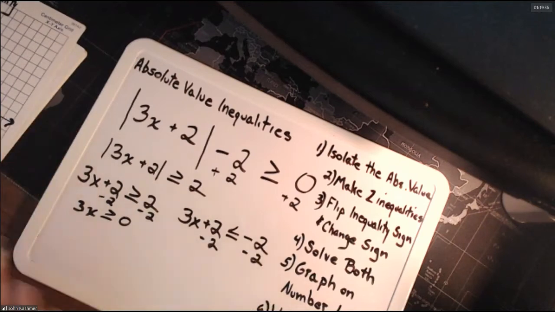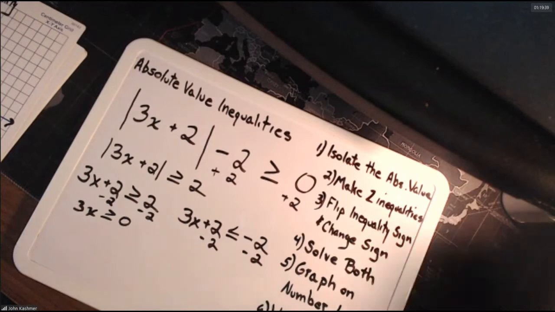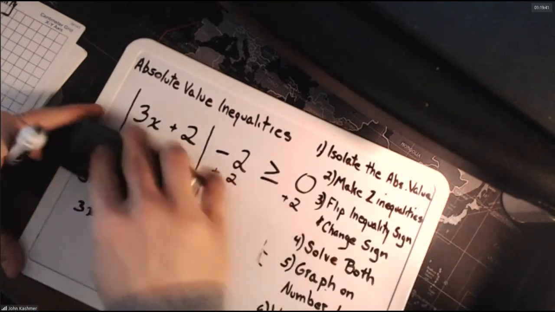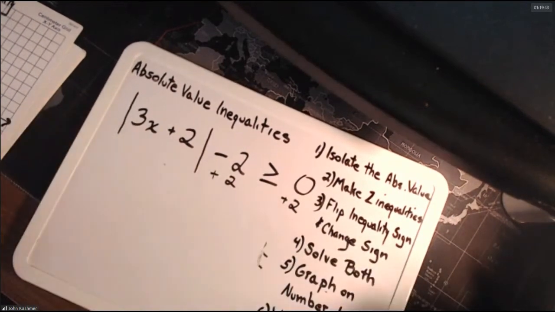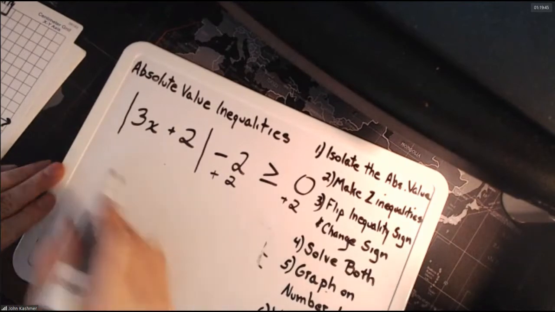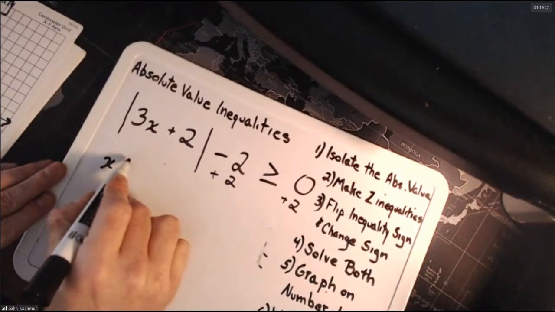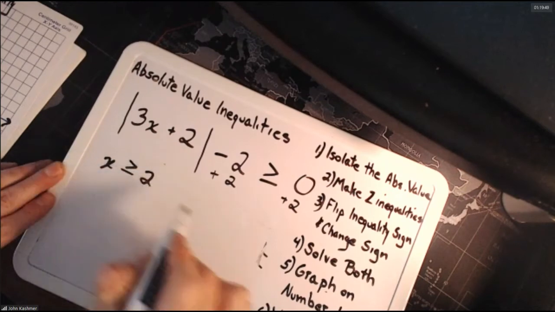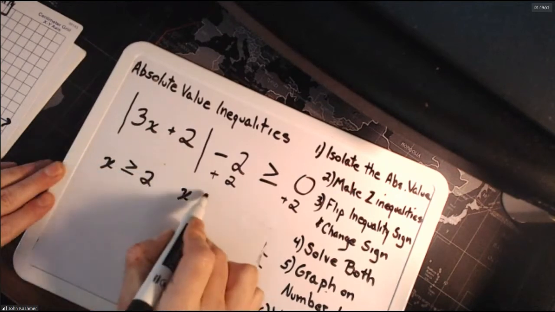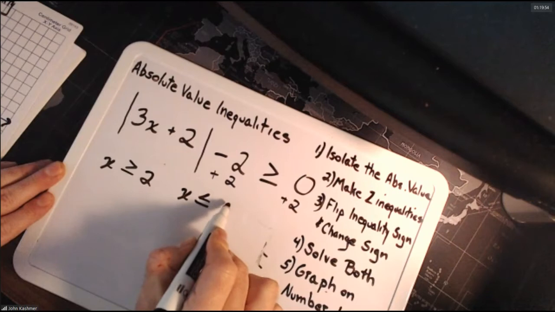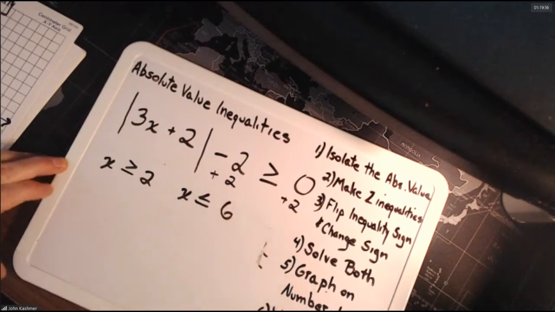Okay? So let's just say that our answers turned out to be, let's say x is greater than or equal to 2 and x is less than or equal to 6. Now we have to graph those.